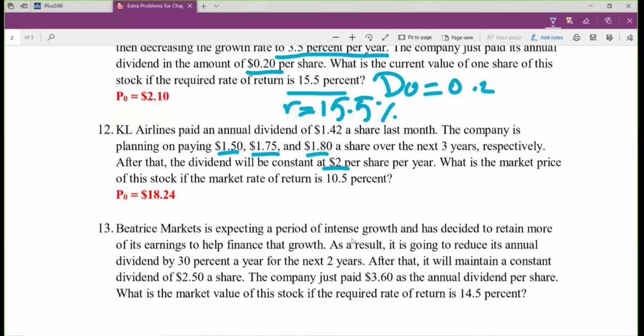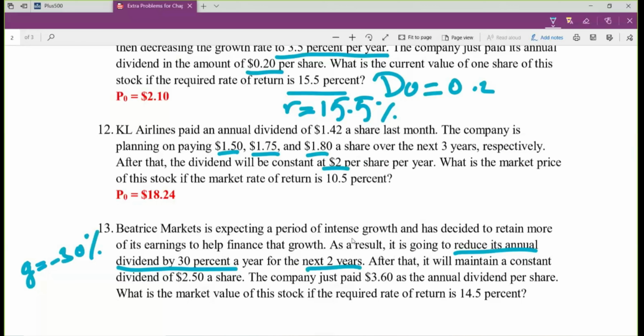So Beatrice Markets is expecting a period of intense growth and has decided to retain most of its earnings to help finance that growth. Therefore, it's going to reduce its annual dividend. So here, because I have reduced the annual dividend by 30%, this means the growth rate equals minus 30% over 2 years.